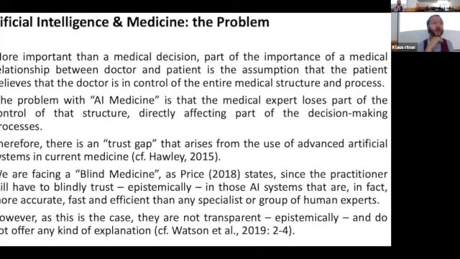When we go to a doctor, we should have the idea that the doctor knows what he's doing, that he knows exactly every step of the medical process. But some people argue that with the introduction of AI models in medicine, the doctor loses part of this control. Some people call this kind of medicine a blind medicine. And I like this term.